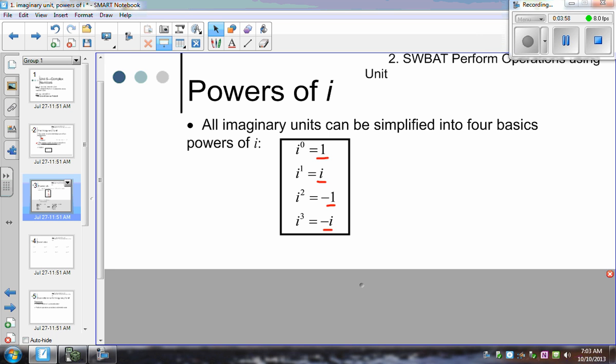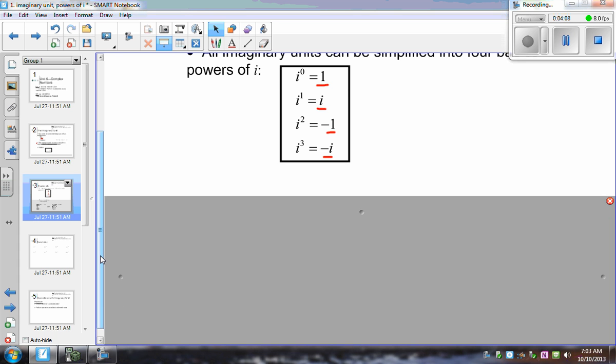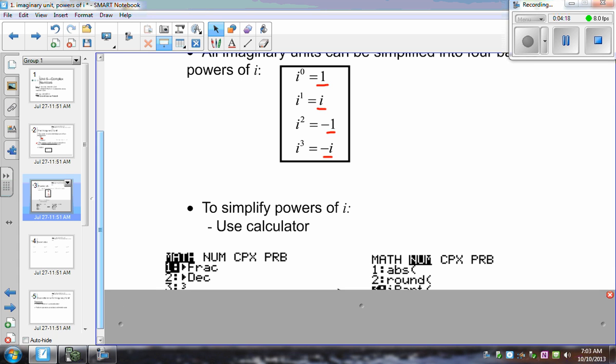So with that, we need to be able to calculate any imaginary number value raised to any different type of exponent. Now, there is a cycle, if you will, that's created by these 4 values, but instead of teaching you guys the cycle, we're actually going to use our calculator to do this.